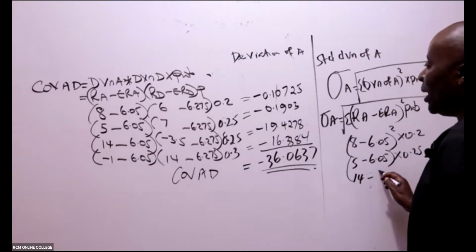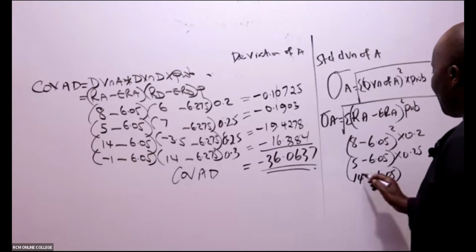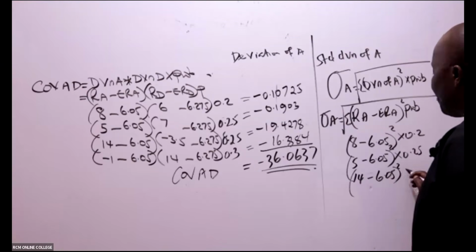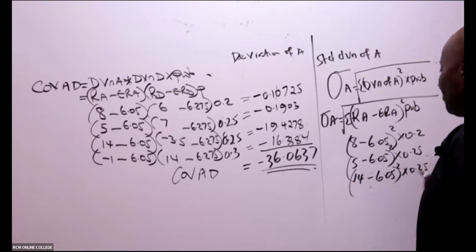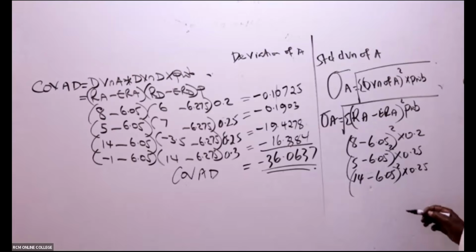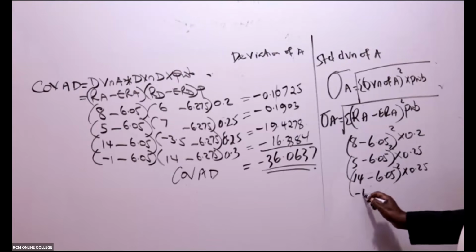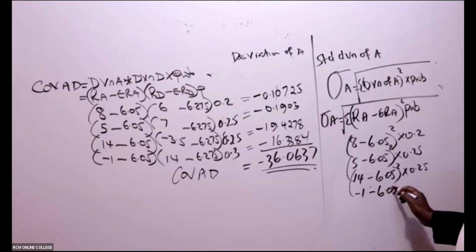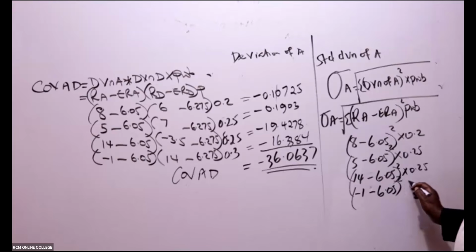Then 14 minus 6.05. You're squaring everything, remember? Times 0.25 again. And then we have minus 1 minus 6.05, you square times the probability.